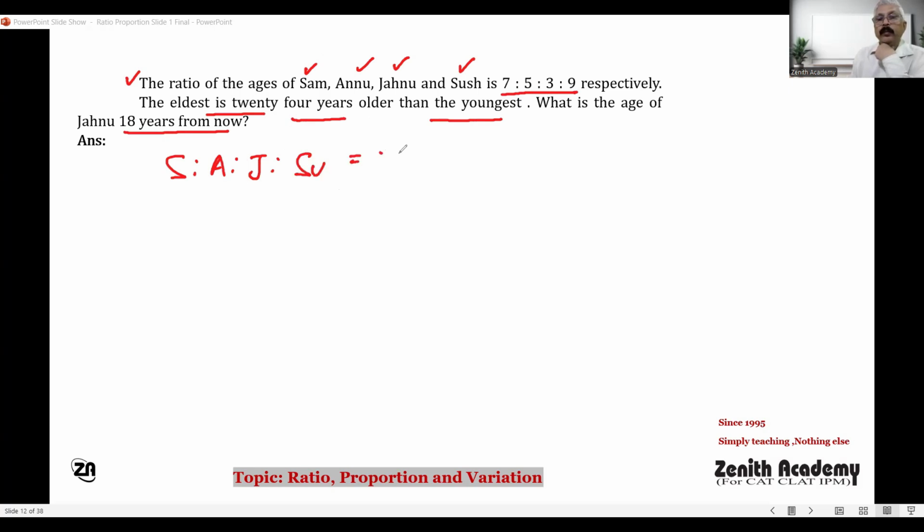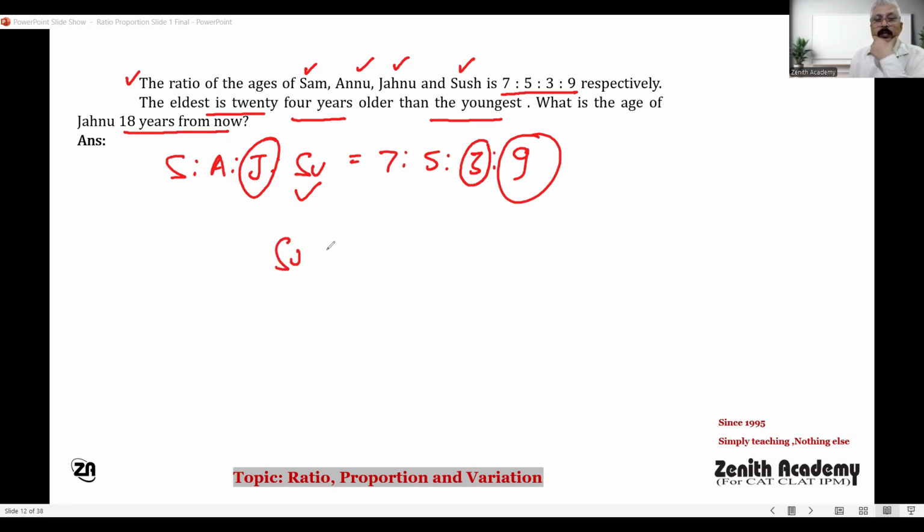Here the eldest is Sus and the youngest is Janu. So Sus you can take 9k and Janu you can take 3k.